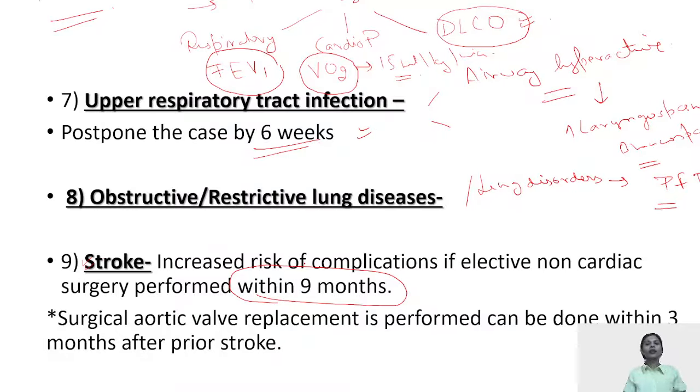So in those patients, the exception is that within 3 months of the stroke, the patient can undergo a cardiac surgery for surgical aortic valve replacement. That is the only exception: if valvular replacement surgery has to be done, it can be done within 3 months of the stroke.